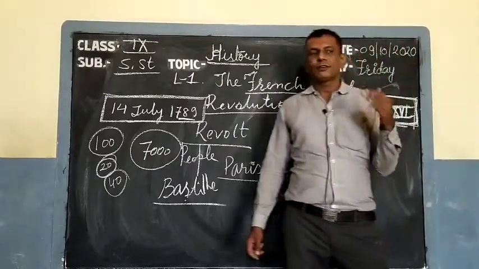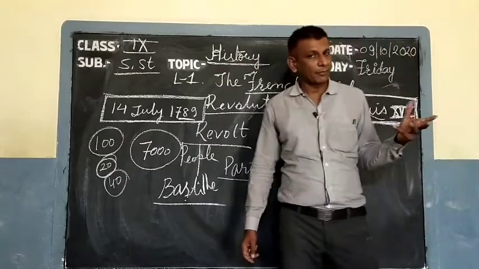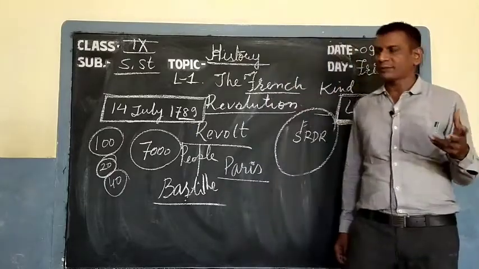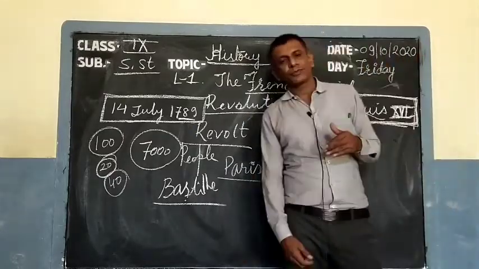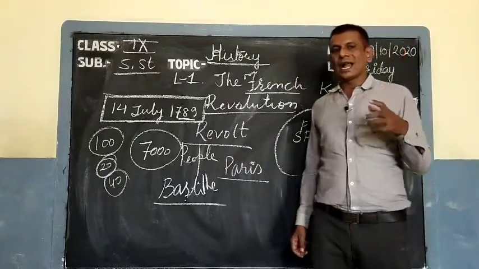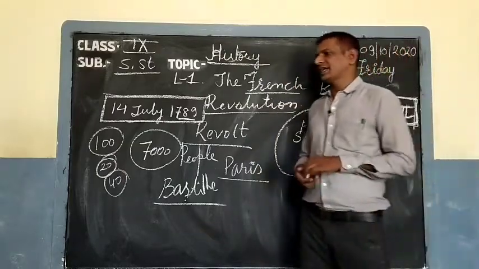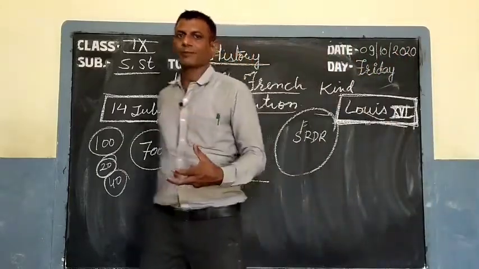The first estate, the clergy, did not pay tax, they were exempted from the tax. Nobilities were exempted from the tax, and some people in the third estate who had good links with the nobilities and clergies even escaped from the tax.